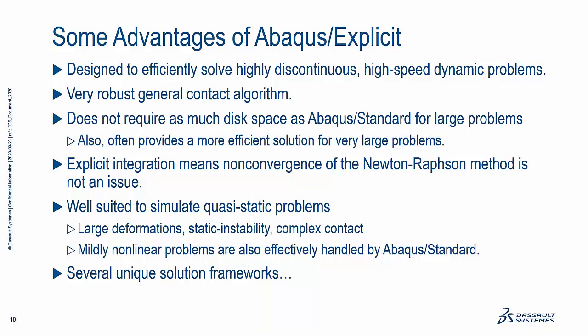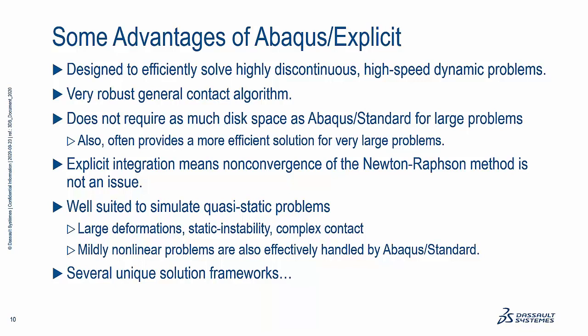Generally speaking, Abaqus Explicit does not require as much storage or as much RAM as Abaqus Standard. Why? Because we're not storing large system matrices that have to be inverted and create very large matrices in and of themselves. This also helps aid in the computational efficiency of your explicit dynamics tool.